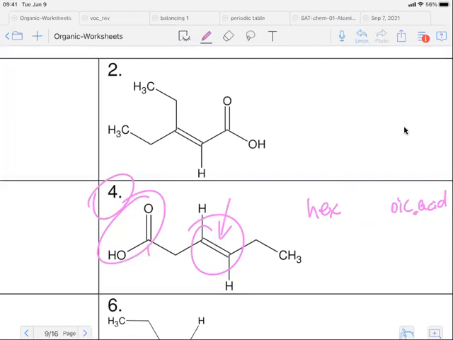So again, start counting at 1 at the carboxyl group, 2, 3. So it's hex-3-enoic acid. But again, they've made it a point to add hydrogens. They're on opposite sides. So it's trans-hex-3-enoic acid.